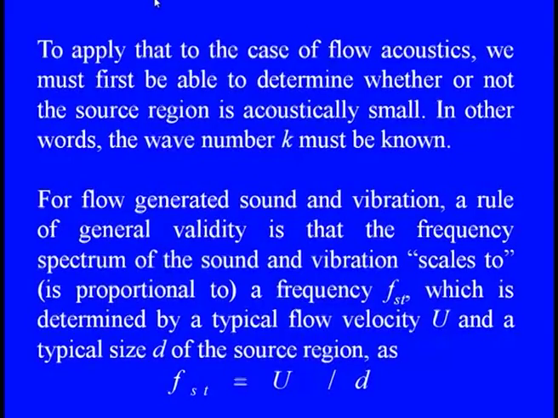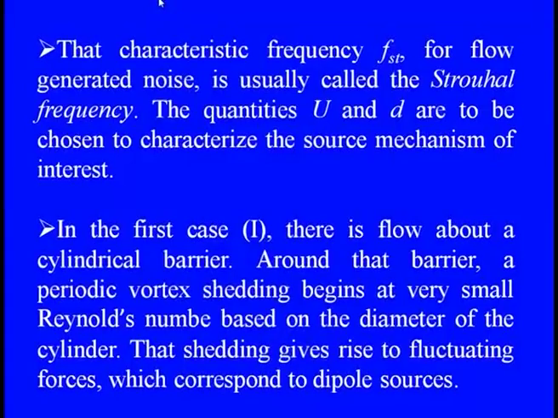flow velocity. So, we can relate this frequency; this scale frequency Fst is nothing but equal to the flow velocity divided by the size, U by D. And this characteristic frequency, which is a dedicated frequency for flow-generated vibration, is usually called the Strouhal frequency.